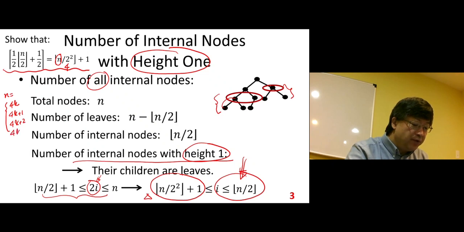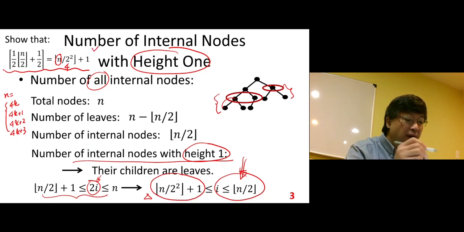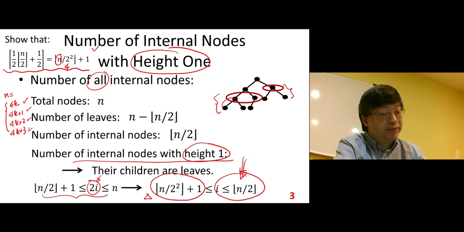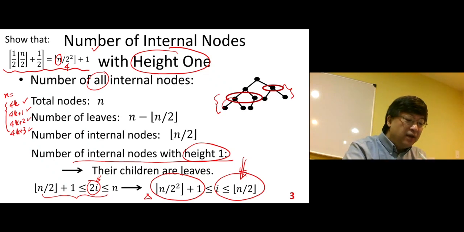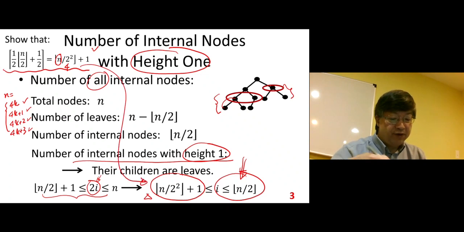Then 4k plus 3. For each category, you verify this formula is correct. The calculation is pretty easy, so you can verify it easily.